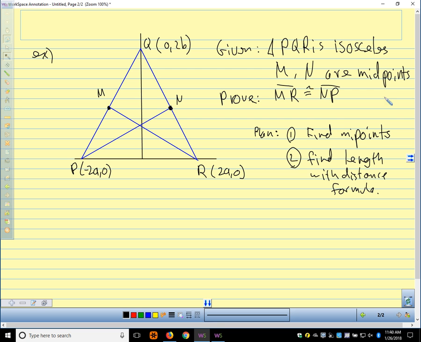So that's my plan. Once I have the coordinates of these points, I can use a distance formula to find the lengths of the segments. So let's do part 1, midpoints.